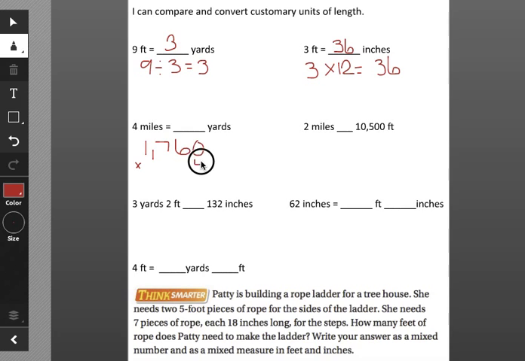So I'm just going to draw it out here. 4 times 0 is 0. And then 4 times 6, which is 24. 4 times 7 is 28, 29, 30. 4, 5, 6, 7.